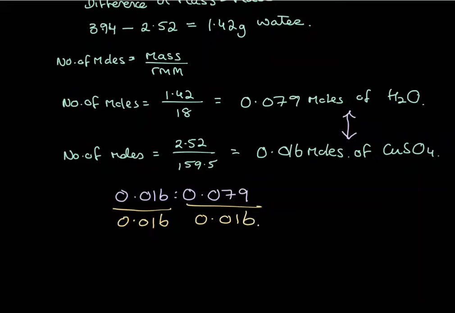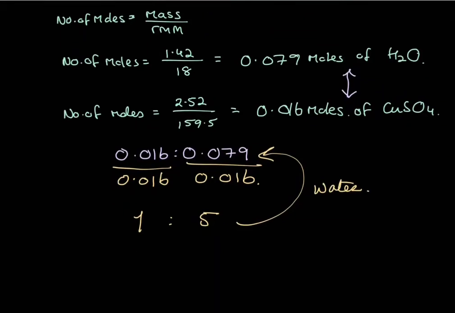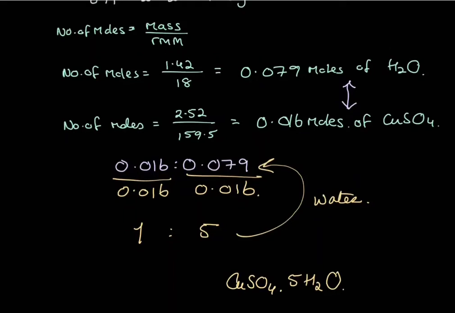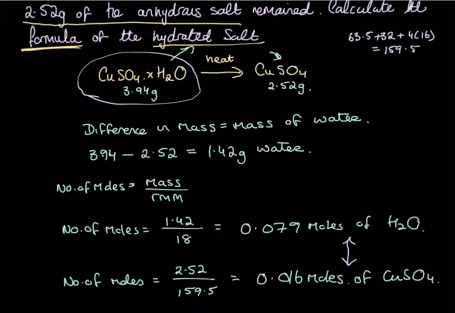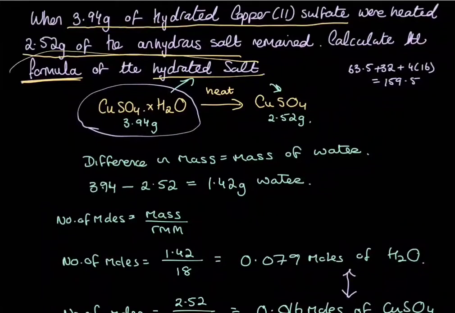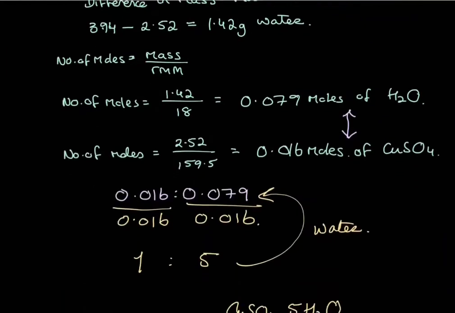That would give me a 1:5 ratio. Okay, and the 5 links with the water. That means for 1 molecule of copper sulfate, we had 5 molecules of water attached. And that actually answers your question because you found out the formula of the hydrated salt.